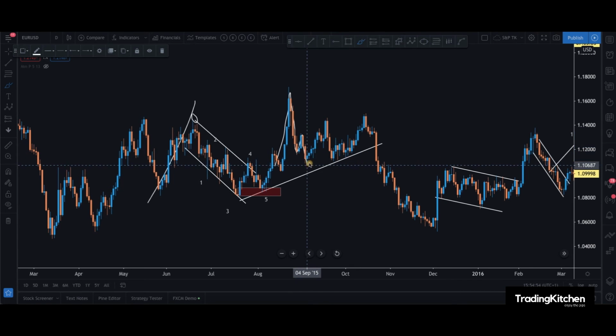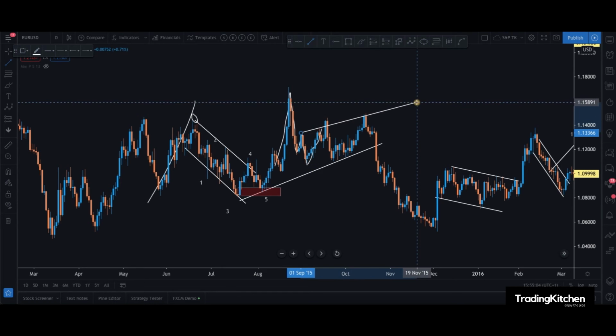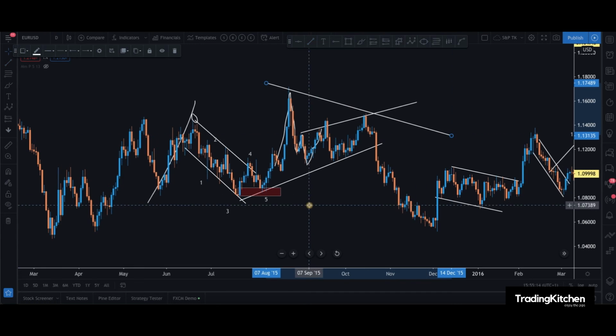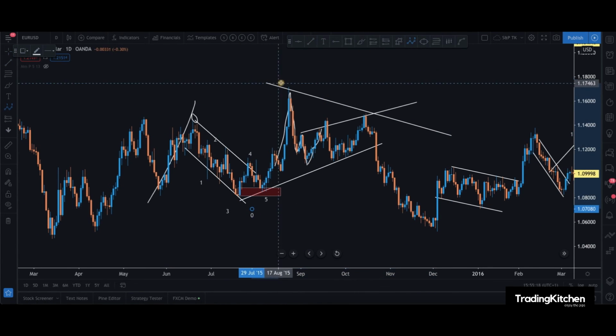The 0.4 I expect here. Okay, but the market goes here. So this is not a channel anymore. At least it will be a channel like this. I mean, a triangle.